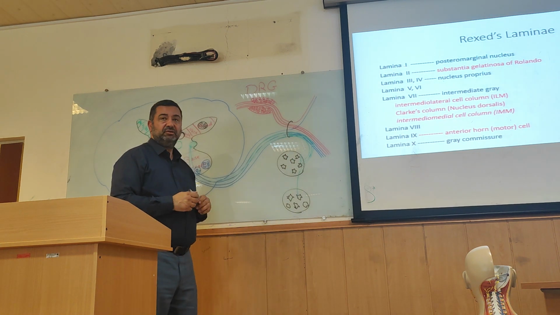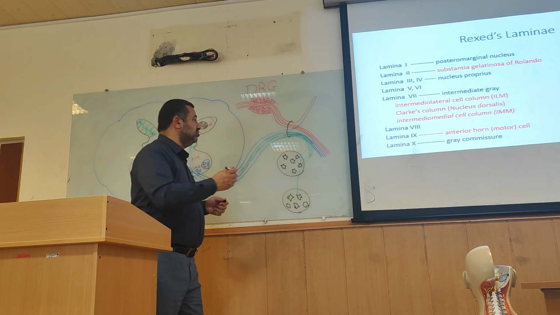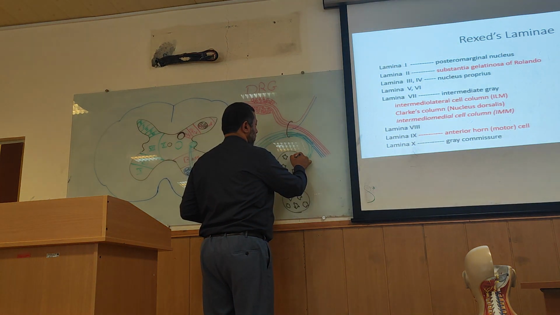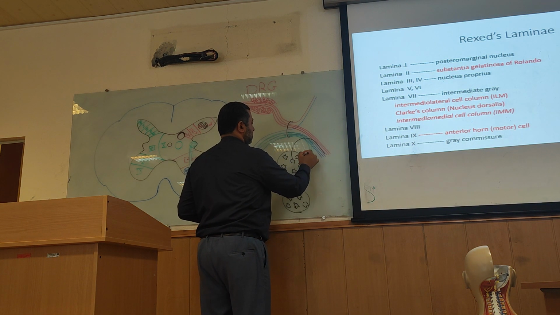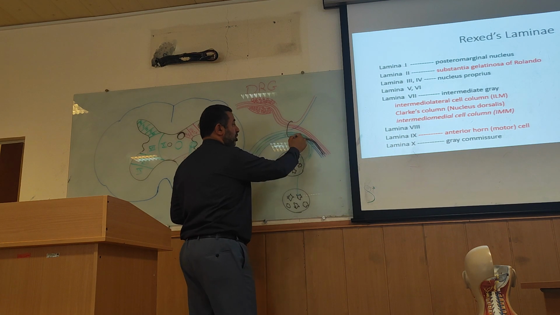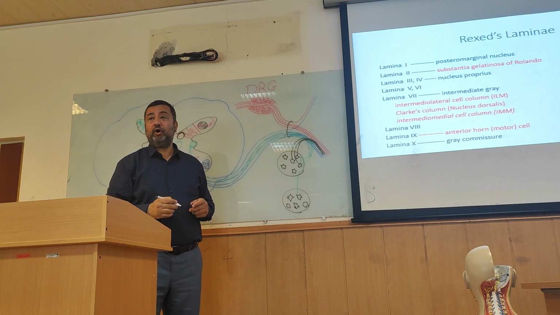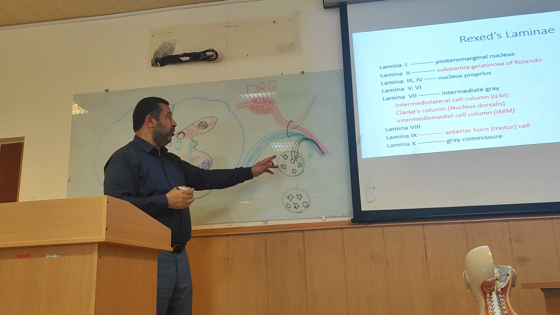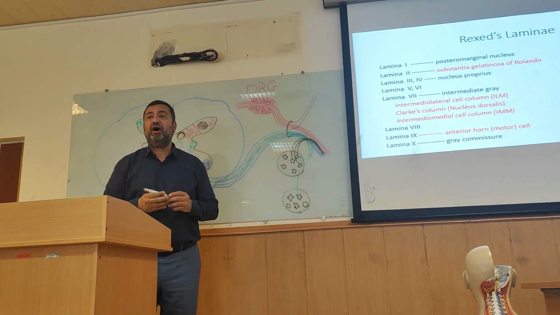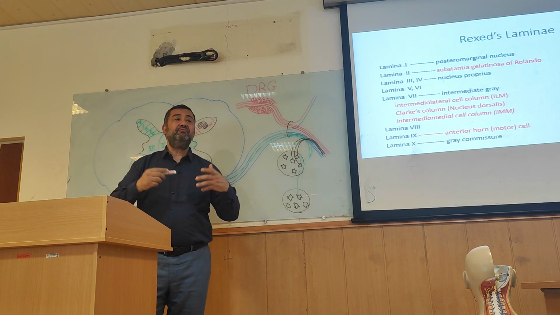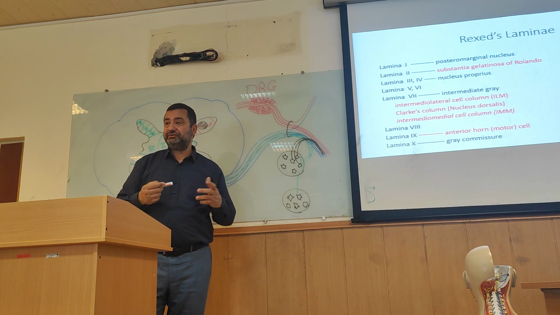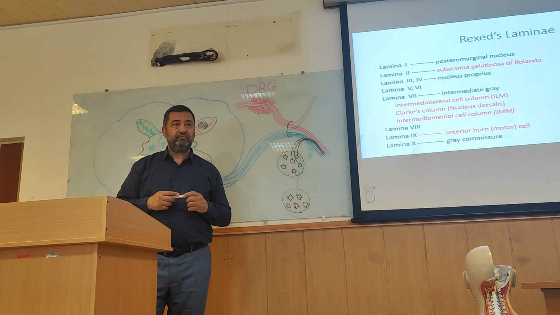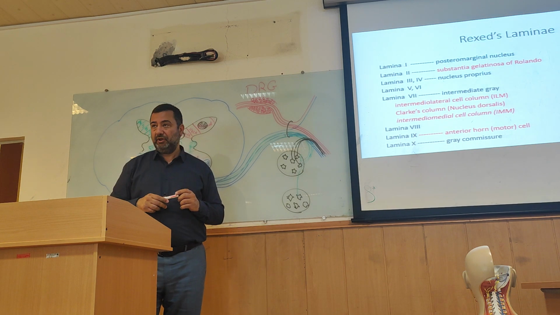From these neurons, axons go to the anterior ramus and make postganglionic sympathetic fibers. Postganglionic sympathetic fibers are unmyelinated, non-myelinated. Okay?